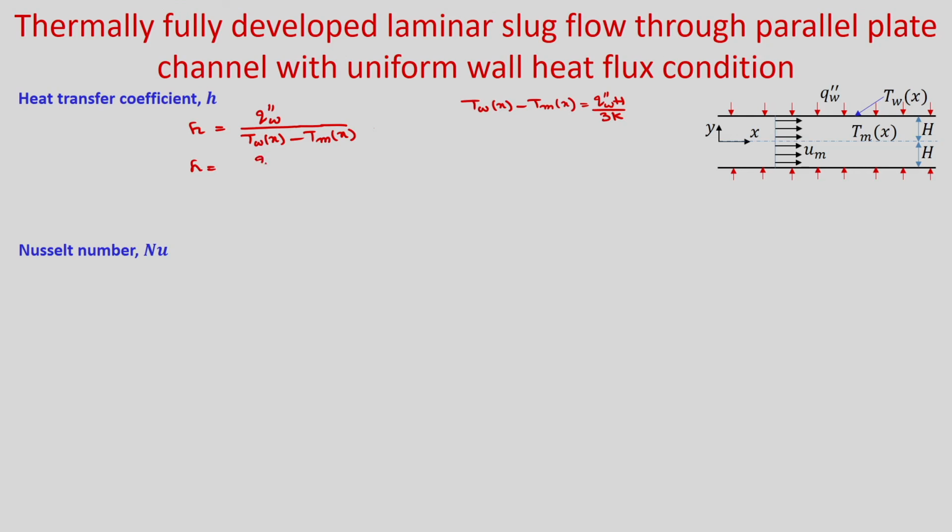Okay. So, now if you put it here, you are going to get h is equal to q double prime w divided by q double prime w h by 3 k. Okay. So, you can write h in terms of thermal conductivity of the fluid and the distance from the center line to the wall, 3 k by h.